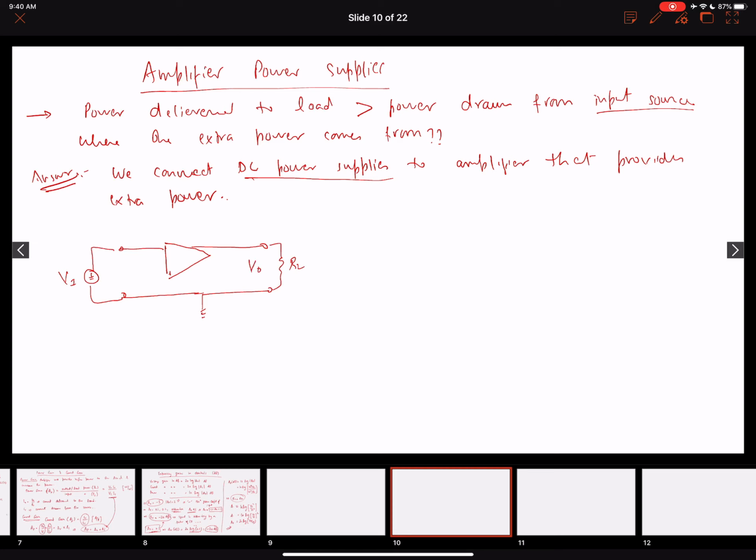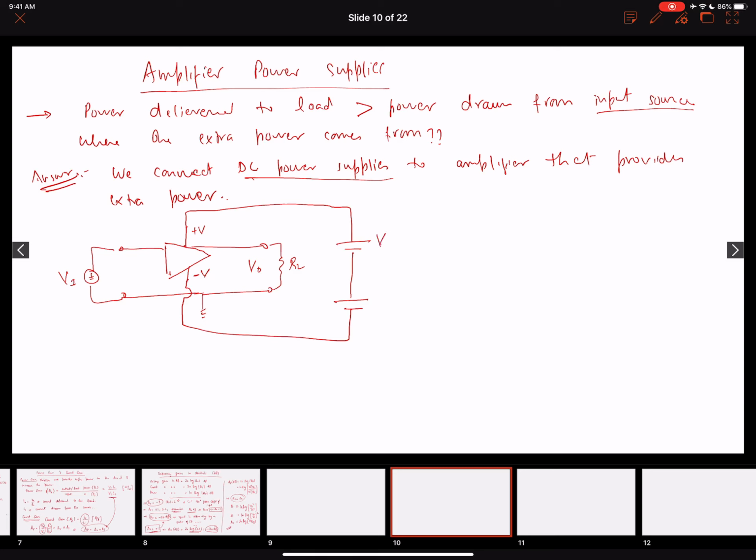So how do we bias the amplifier, or how do we connect the power supplies? We essentially connect two power supplies. One is what we call a positive supply. Another is a negative supply. It is this power supply, and then another power supply connects over here, going all the way like this.